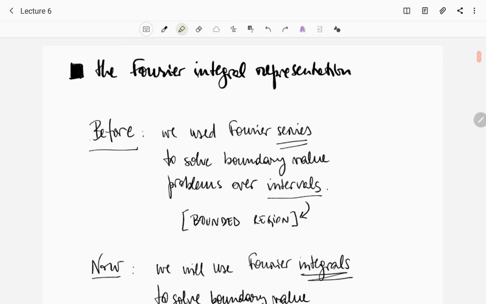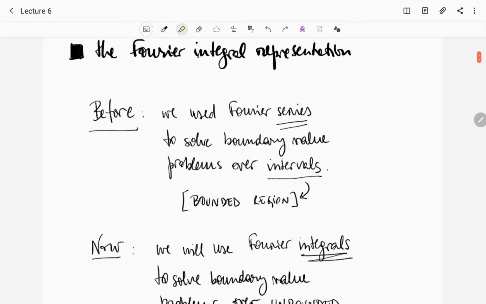Okay, so before we used Fourier series to solve boundary problems over intervals. And these intervals were bounded regions, okay?